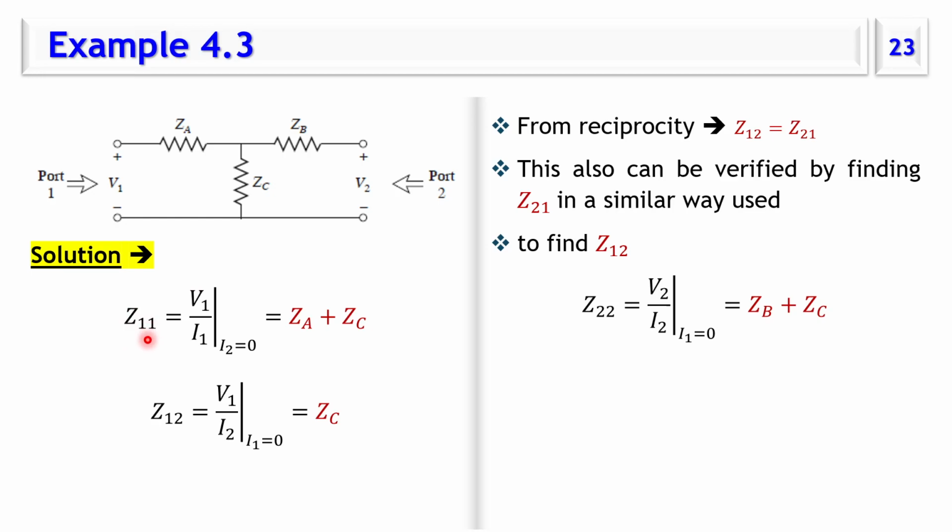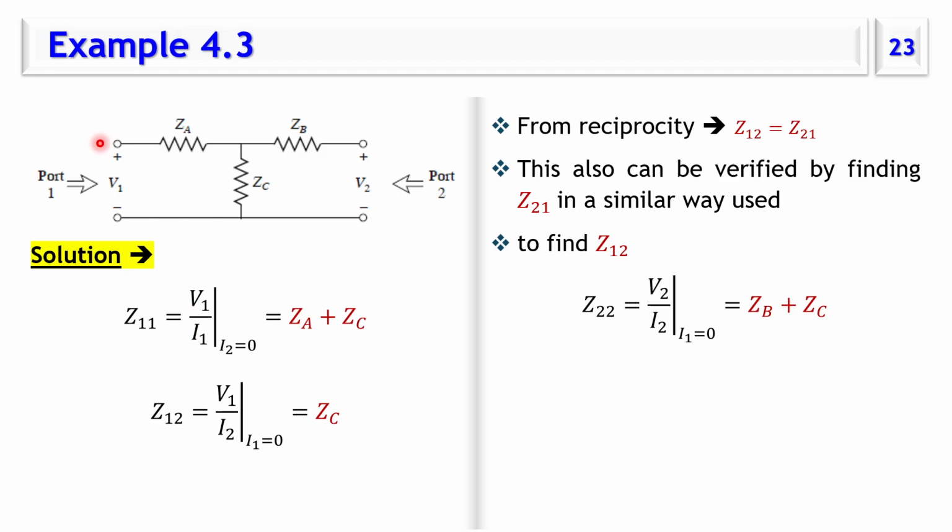So Z11 equals V1, the total voltage, divided by I1, the current going into port 1, when all other ports are open. So I2 is open circuit, and we need to find V1 and divide it by I1.